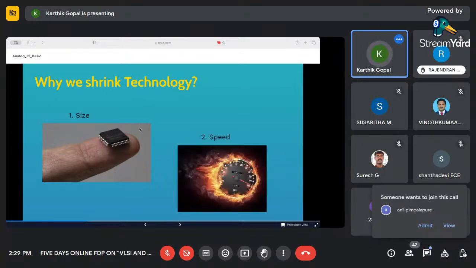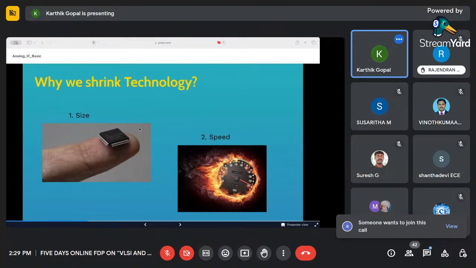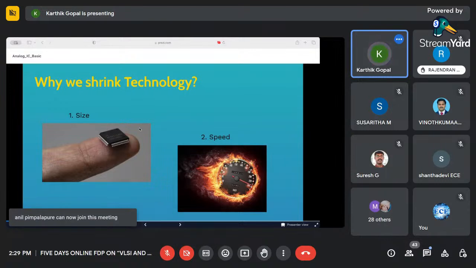And the second thing is speed. As the gate length shrinks, the speed of the devices becomes faster because the parasitic capacitance in the gate becomes less and less. So earlier the phones were very slow, if you may notice, but now they're blazing fast.